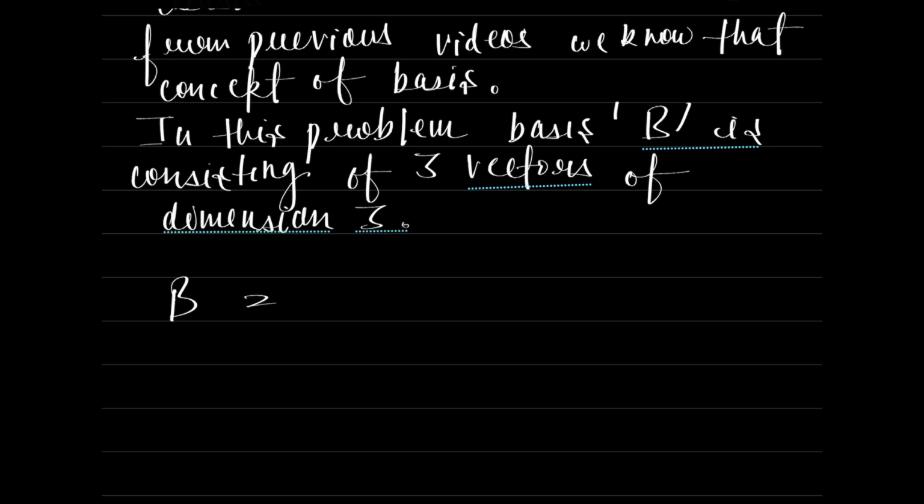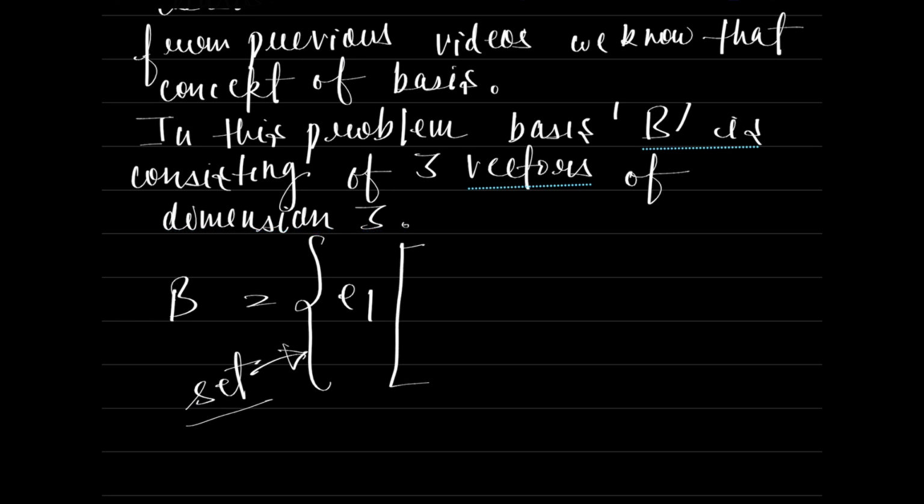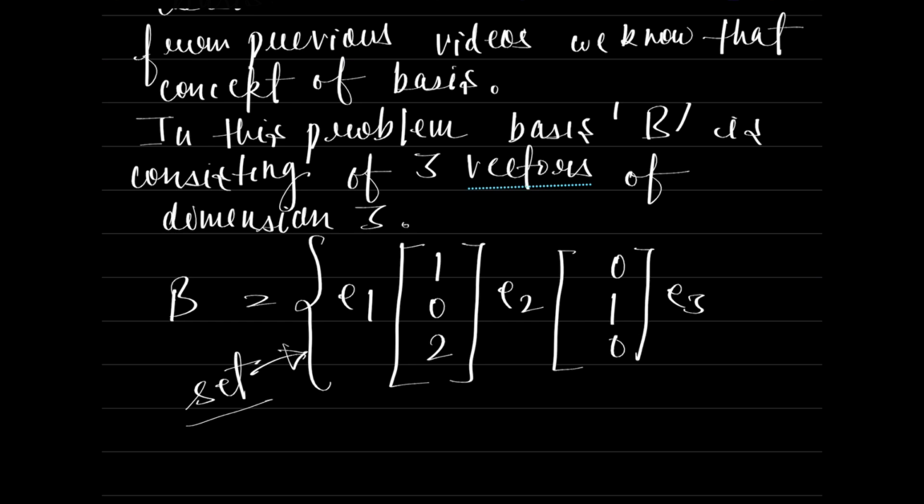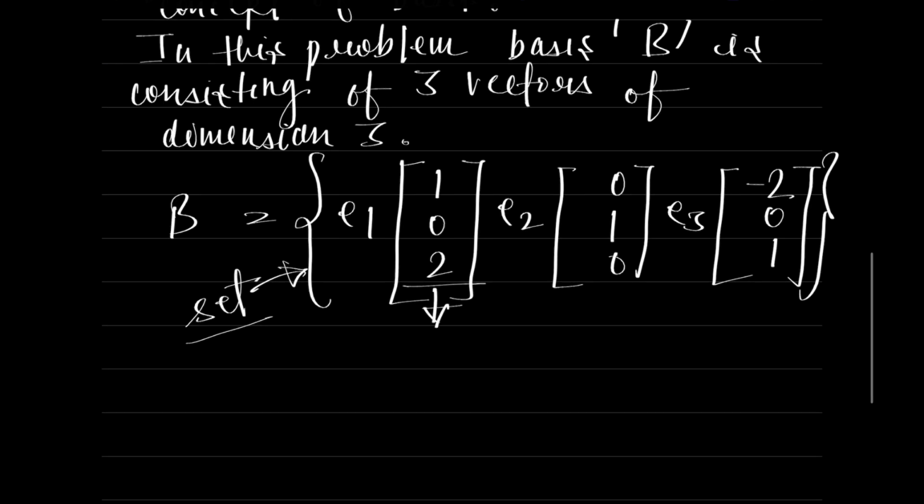So we can write the basis as a set: E1 as (1, 0, 2), E2 as (0, 1, 0) and E3 as (-2, 0, 1). Here in this problem, each vector consists of three components.